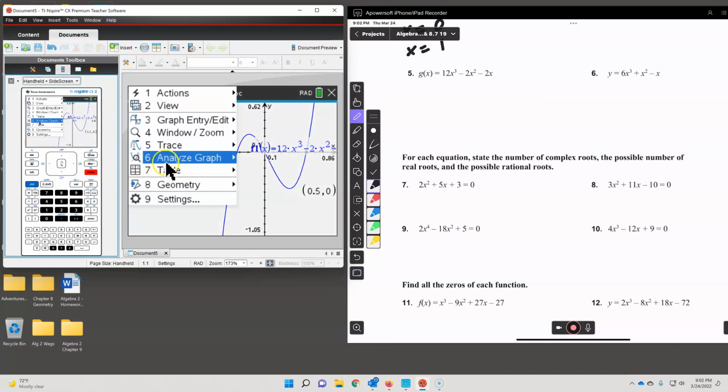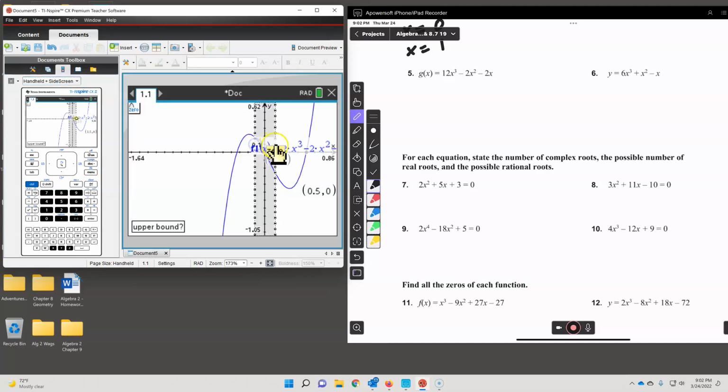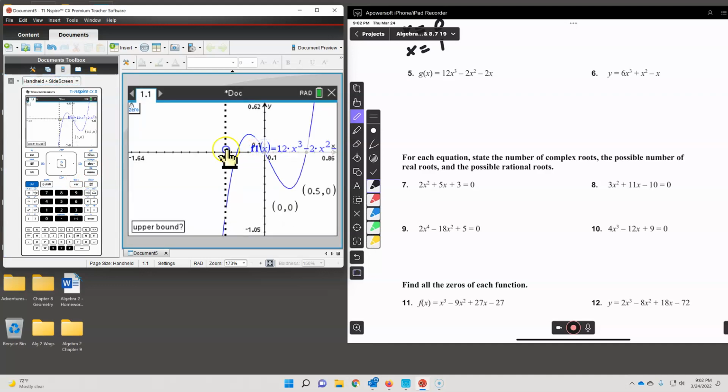And then you repeat that. You go to menu, analyze graph, you find the 0, you go to the left, then you go to the right. So that's 0, 0. Go to menu, analyze graph, go to the left, go to the right. Now you have a negative 0.333, and all of you know that's going to be a negative 1/3.